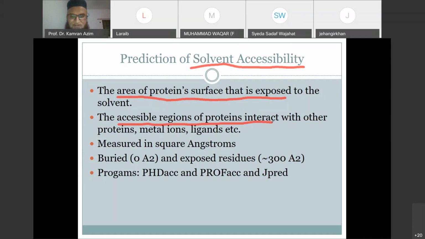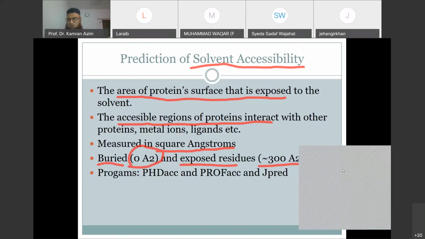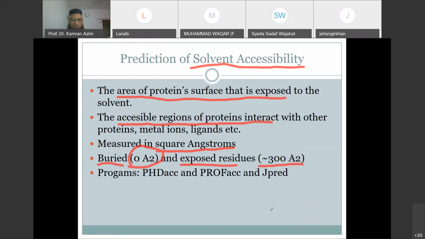The surface area is measured in square angstroms. If a surface area is 0 square angstrom, then it would be considered buried inside the protein, and if it is 300 square angstrom, then that area would be considered exposed residues.